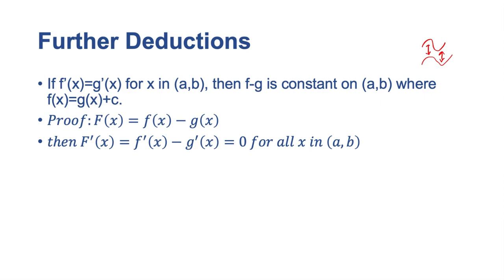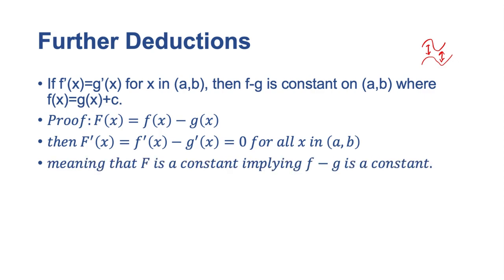Now, of course, this proves that our derivative is 0, and it proves the theorem that we talked about earlier, meaning that F is a constant, implying that f minus g is a constant. Okay, so that was another theorem that we can deduce.